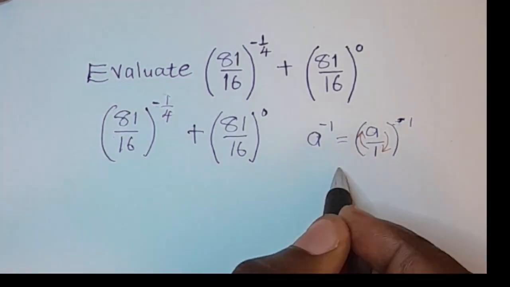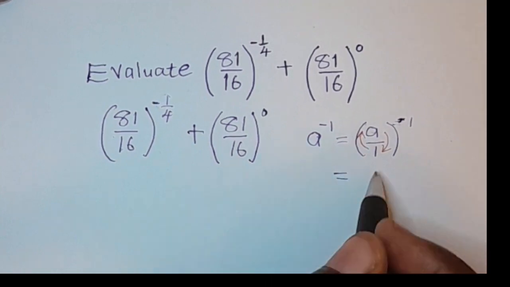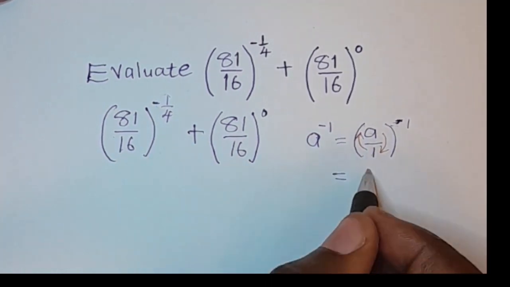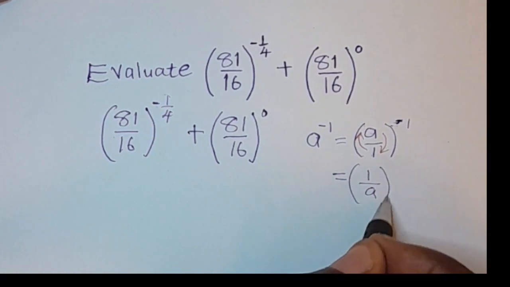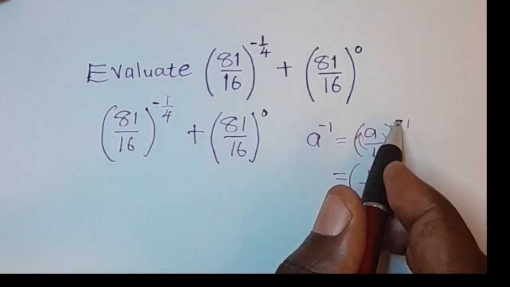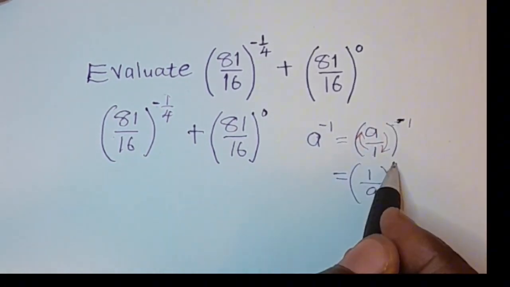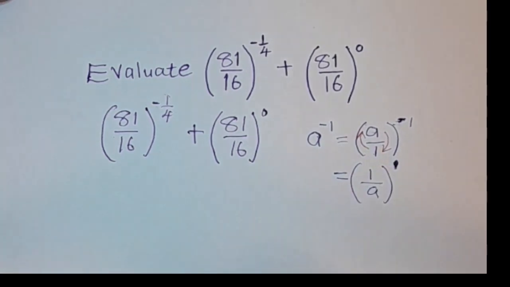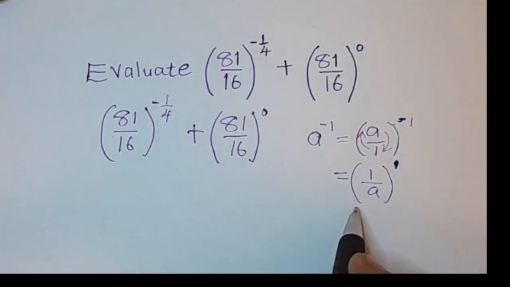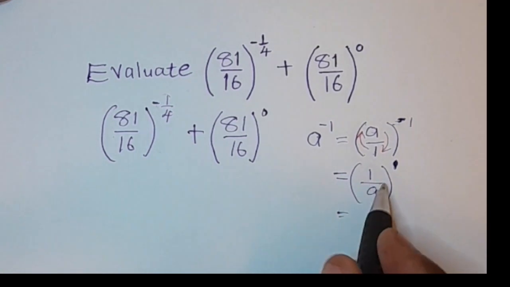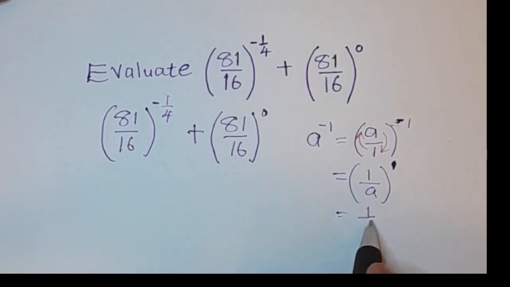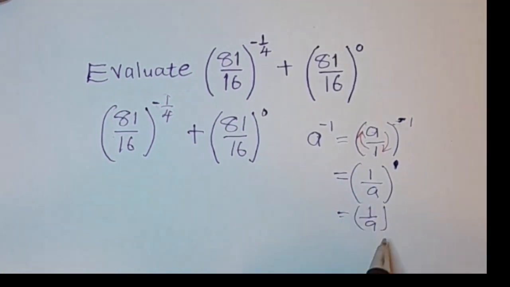So you're going to have 1 over A, and the negative power has now become positive 1. Anything raised to the power 1 is just itself. So 1 over A. That's how it's supposed to be.